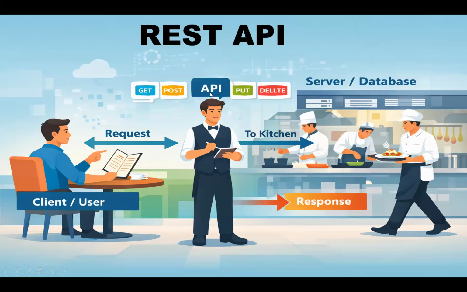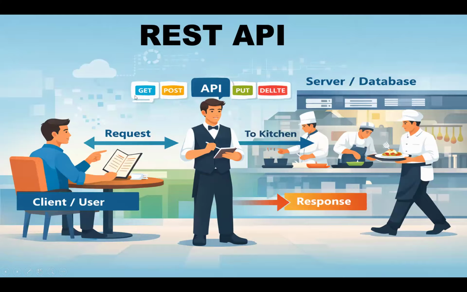So now coming to the types of REST API. As I already told you, there are get, post, put, and delete. We have mainly four types of REST APIs: get, post, put, and delete.